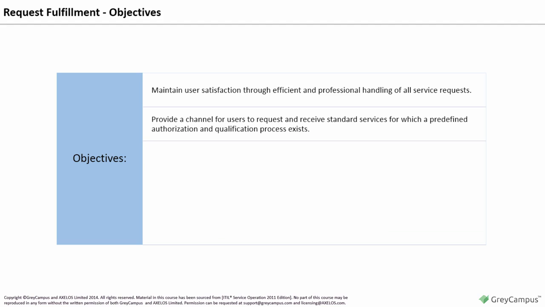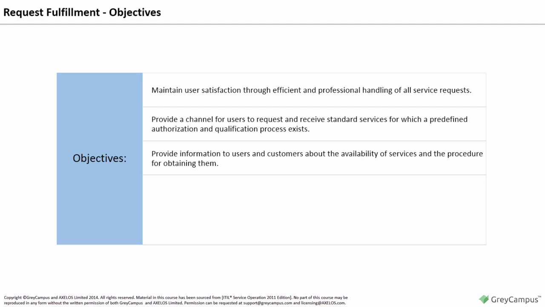Request fulfillment objectives. The objectives of the request fulfillment process are to maintain user and customer satisfaction through efficient and professional handling of all service requests, provide a channel for users to request and receive standard services for which a predefined authorization and qualification process exists, provide information to users and customers about the availability of services and the procedure for obtaining them, source and deliver the components of requested standard services, e.g. licenses and software media.